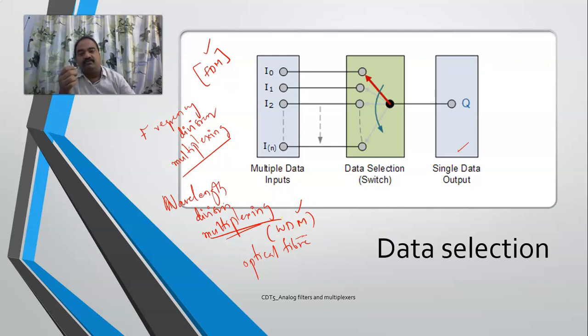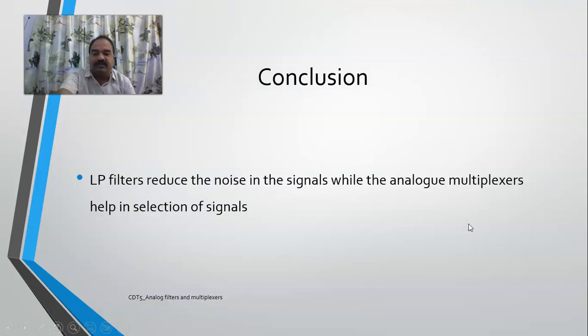Okay, so filters and multiplexers, these two are part of your primary subsystem, which we have seen in the components of a digital relay, the signal conditioning subsystem. Now, I hope that you have understood why we require LP filters as part of digital relays, because they reduce the noise in the signals, while analog multiplexers help in selection of the signals.